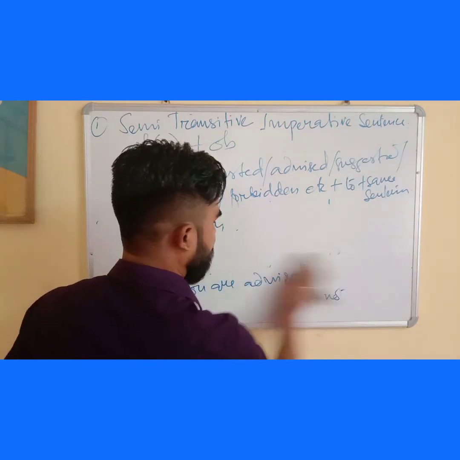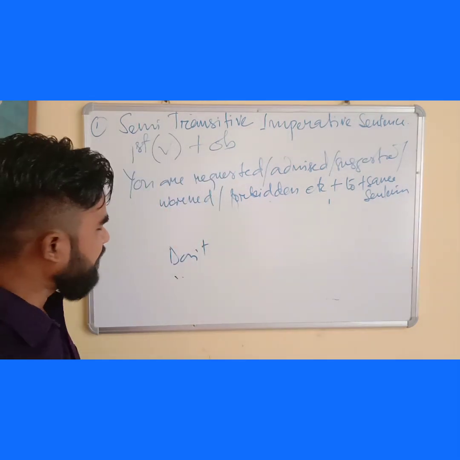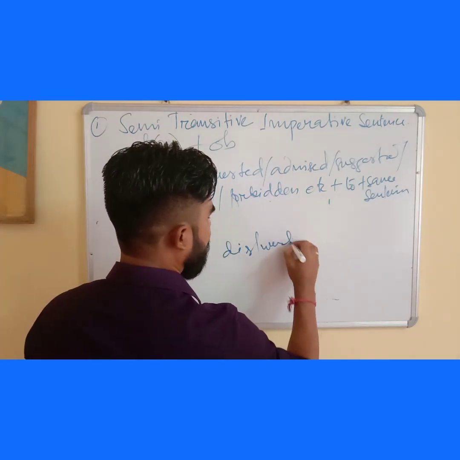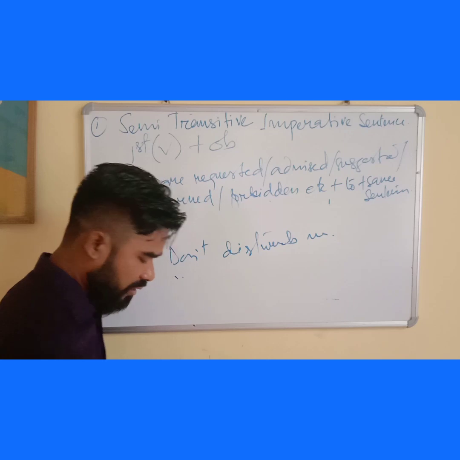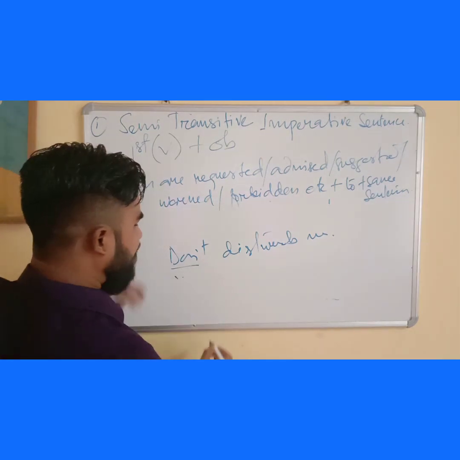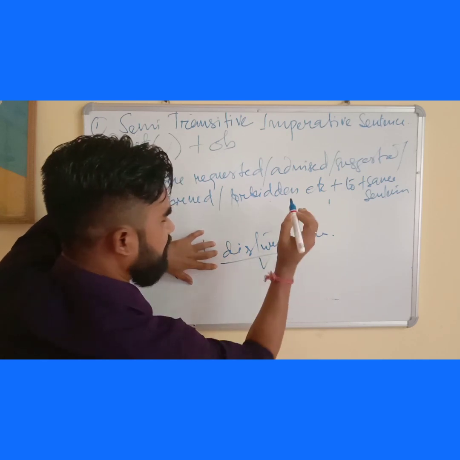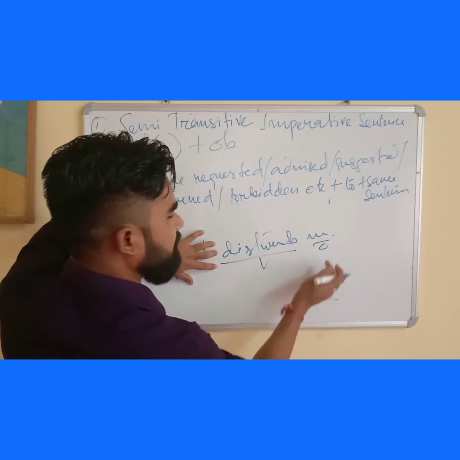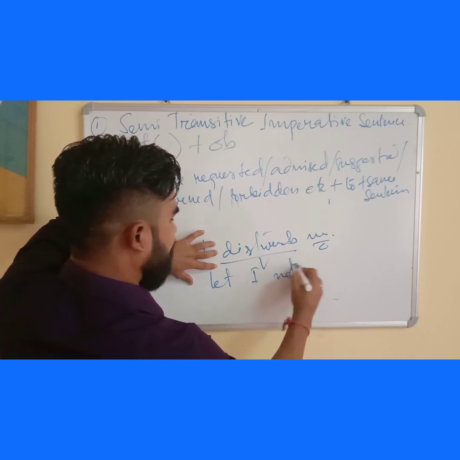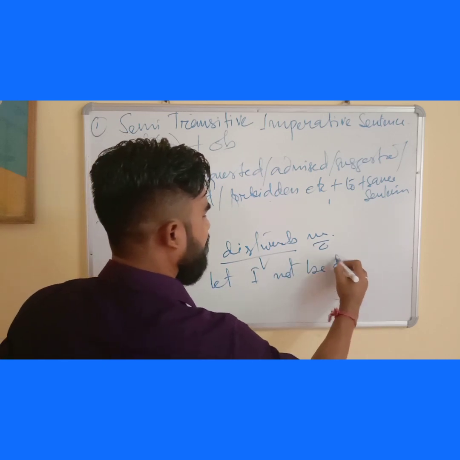Now, if you get a sentence like "Don't disturb me" or "Never disturb me", the same process applies. What do we have to do now? Remove "don't". Now this "disturb me" is the object, which means we can go for "Let I not be disturbed."